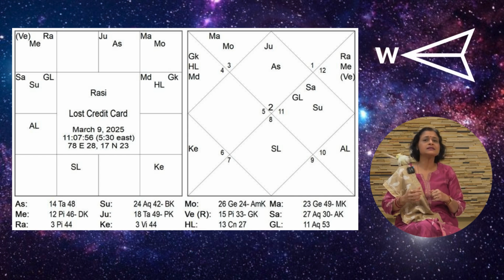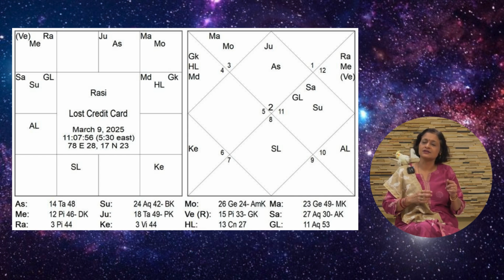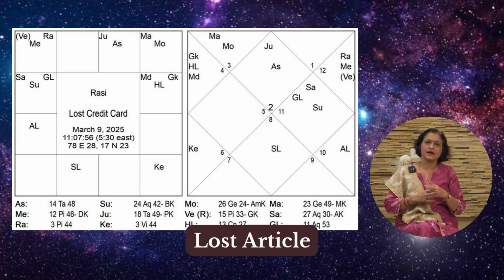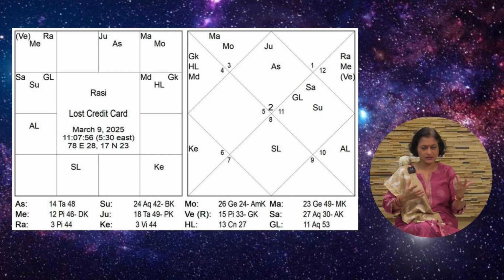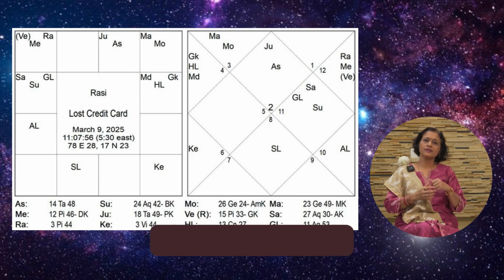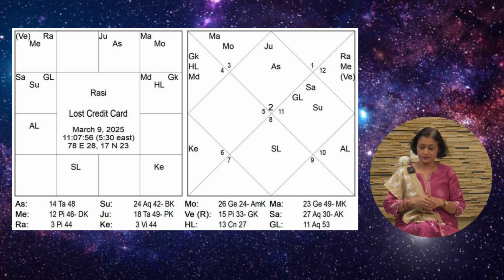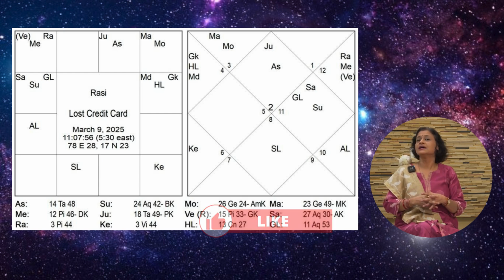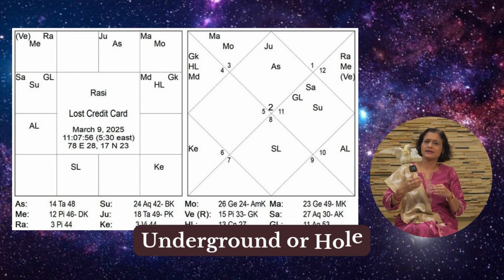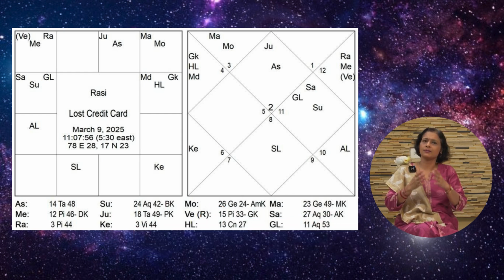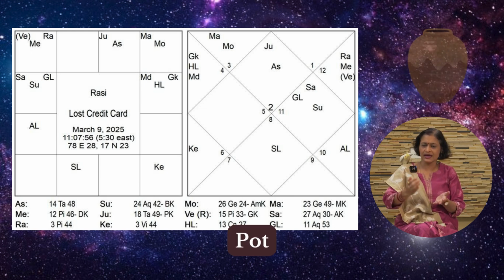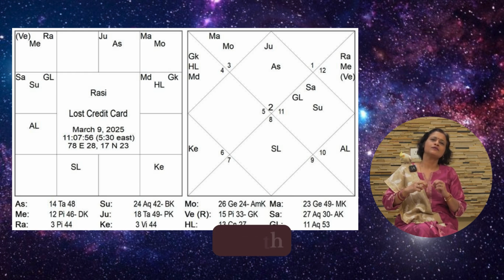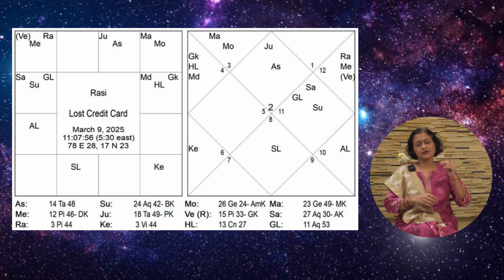Again, since it is in the west direction, it could also signify that the lost article, the lost credit card in this case, could be in the western direction. And when I said Saturn being the cleaning up, obviously Saturn can also find its way in small places where there is an underground or a hole and a pot. We know that it has a depth in it, so there we can find the pot.